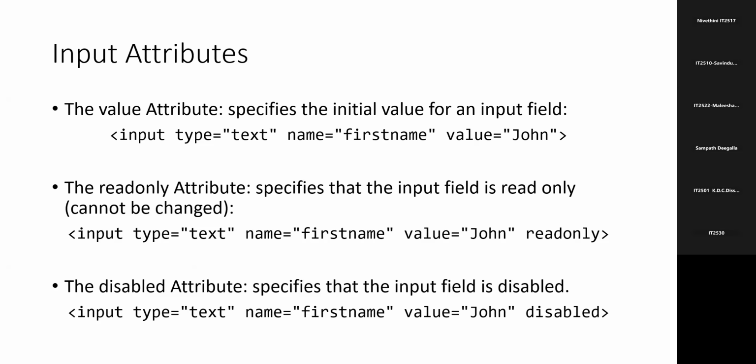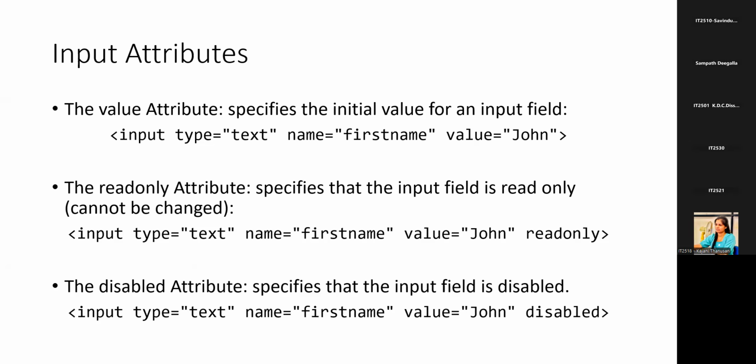So sometimes when you provide values, you can provide some initial values, right? And with that, you already have a value for the field. So, for example, when we request input of the first name, we can provide a value.